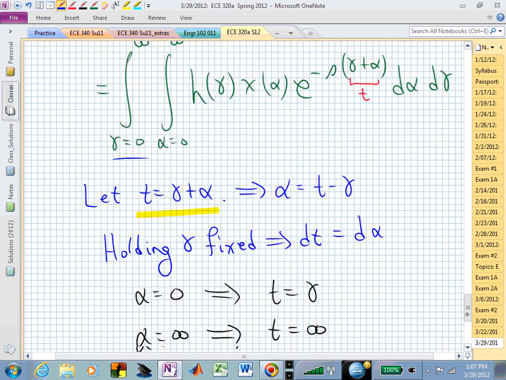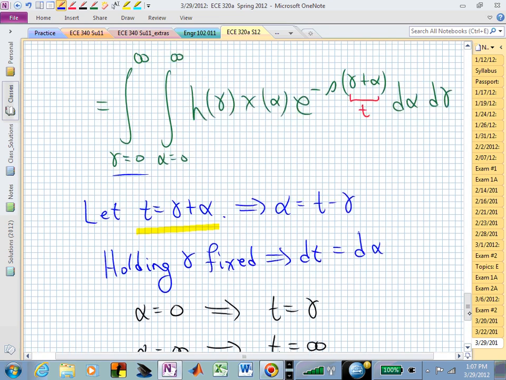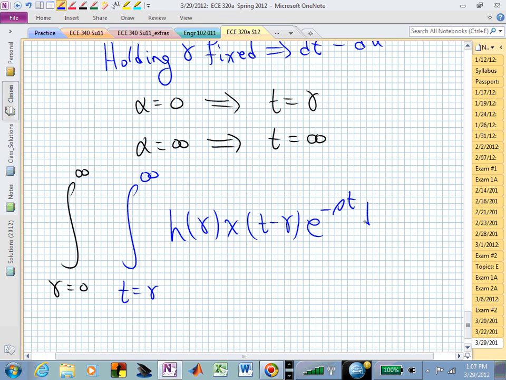I have e to the minus st by the way that I define t. D alpha is just dt, and I have not done anything with gamma.